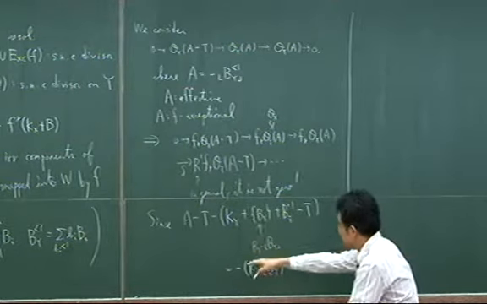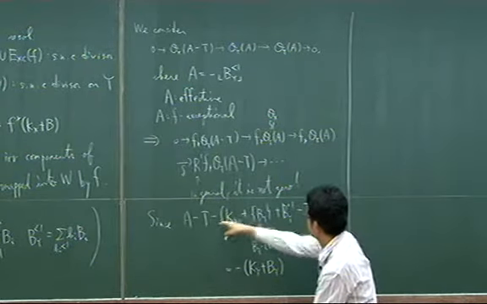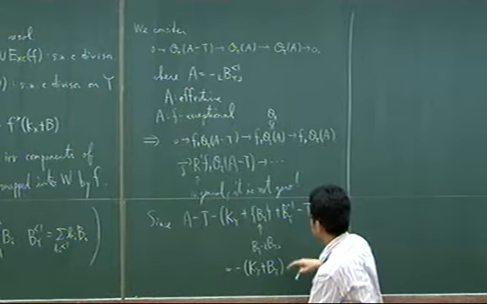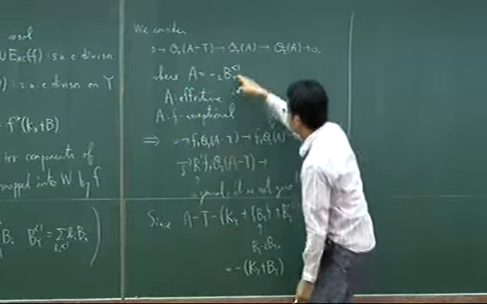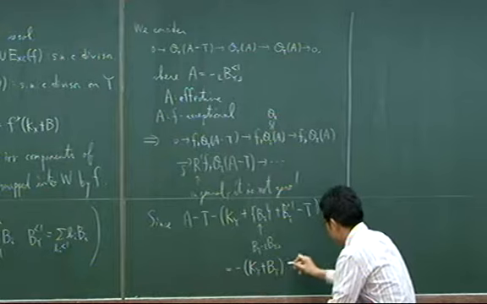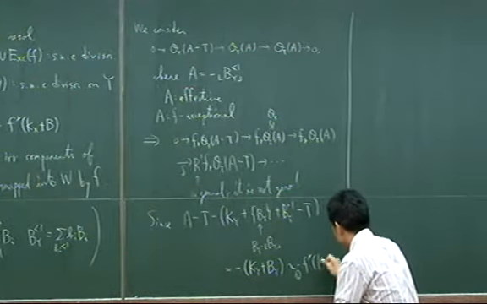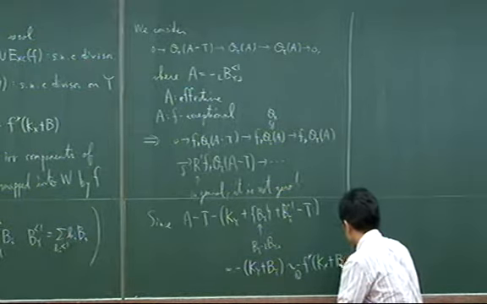This is obviously an equality by the definition of A, and T is cancelled by this T, and A is this one, so this is an obvious equality. So this is Q-linearly equivalent to f pullback of minus (K_X plus B). Okay.